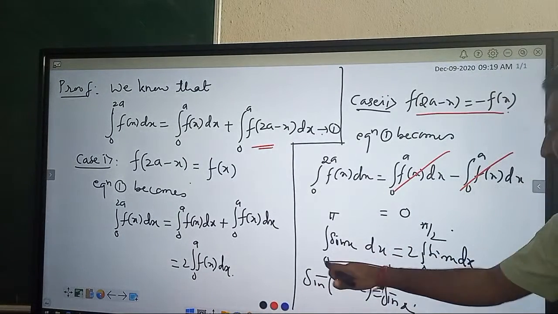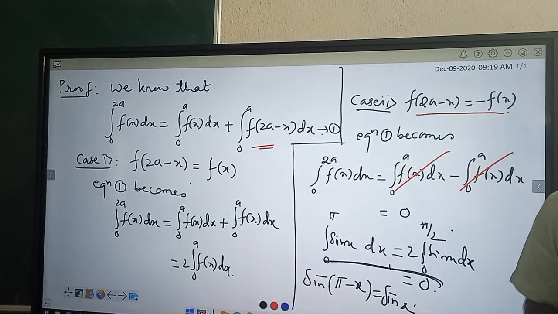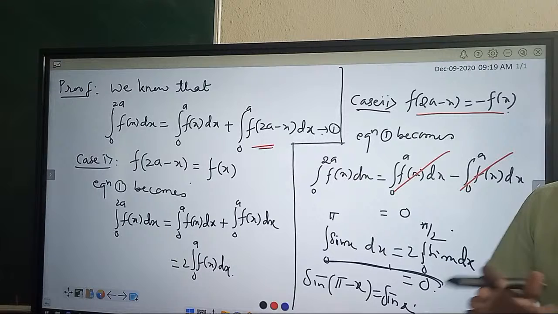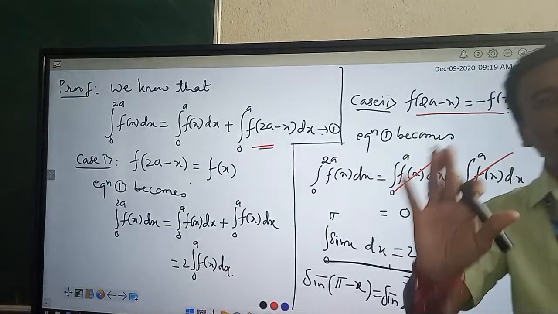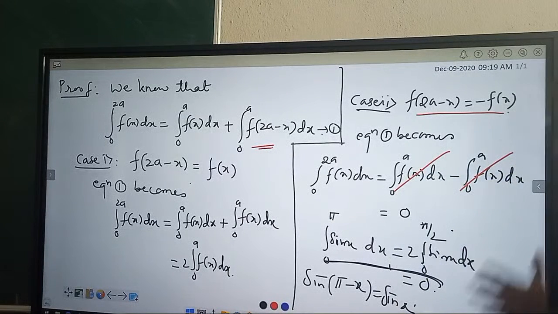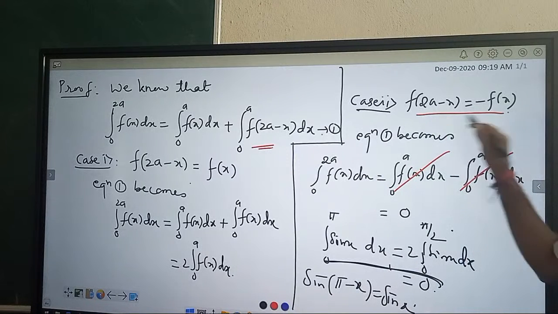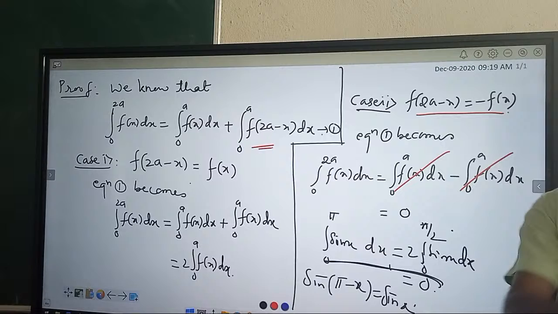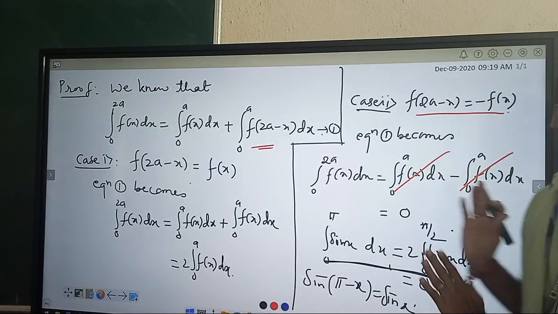You are using property number 7. It is telling you that if f of 2a minus x is the same as f of x, then do 2 times 0 to a f of x dx, and the answer will be the same. If it is not the same case, and it is the odd case like this, f of 2a minus x is minus f of x, then there is no need to calculate; the answer you directly get is 0.